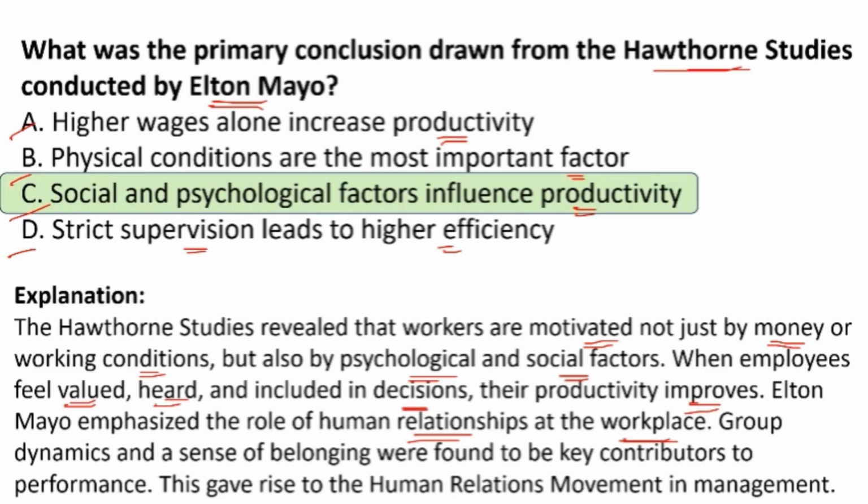This gave rise to the human relations movement in management. So this is the work HR will do, these kinds of initiatives in a company, so people get motivated not only by money and working conditions but also by psychological and social factors as well. Clear? That is what the study is talking about.